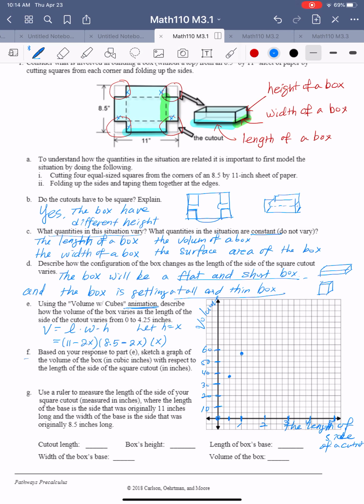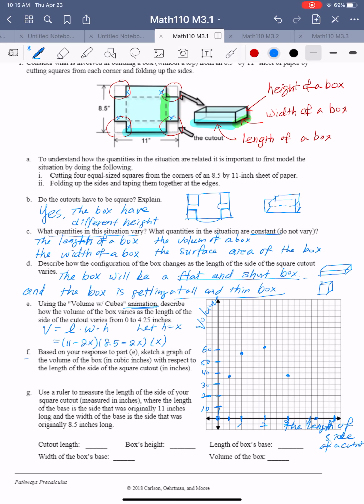If you plug in 2, you get 63. If you have a 3 inch cutout, it'll be 37.5. And then a cutout of 4.25 becomes 0, which is right here.